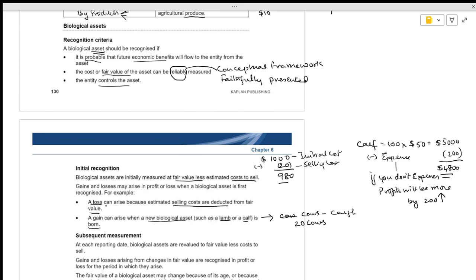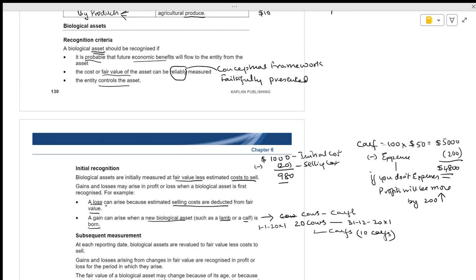Take this as an example: assume you have this on 1/1/2001. At the end of the year, 31/12/2001, this will give calves. Assume there will be 10 calves.